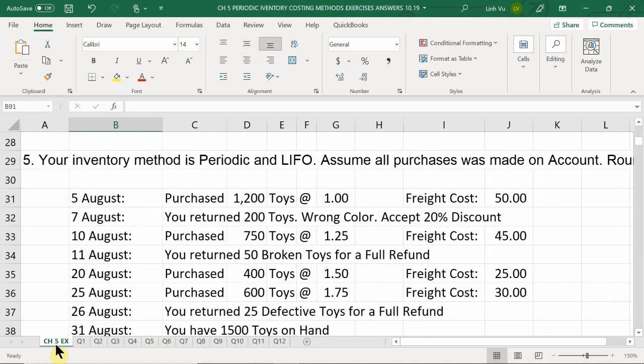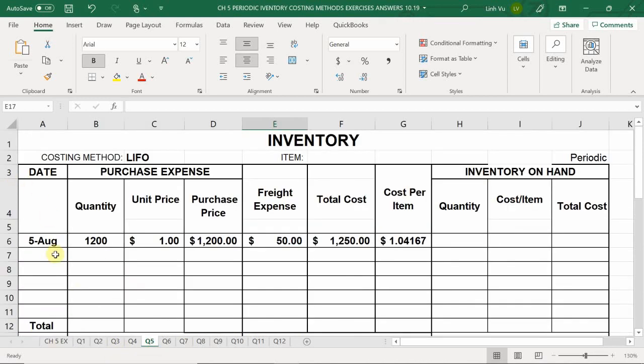On August 10, we purchased 750 toys at $1.25 with a freight of $45. So in this case, 750 at $1.25 with a freight of $45. It is August 10.